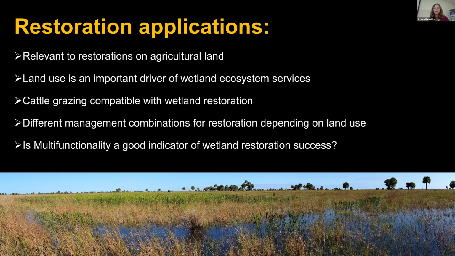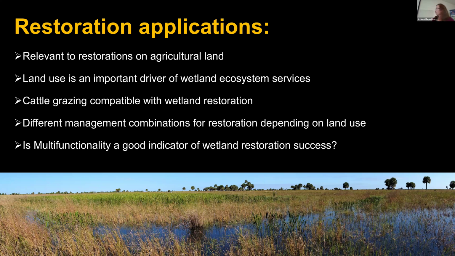These results are in the context of properly managed cattle grazing. It's an important outcome because if ranchers couldn't graze in these easements, there would probably be less enrollment in these wetland restoration programs. So we're putting a lot of effort into understanding the appropriate grazing regimes for wetland restoration. Grazing and fire favored wetland multifunctionality in improved pasture areas.